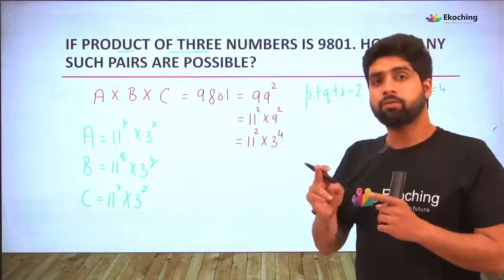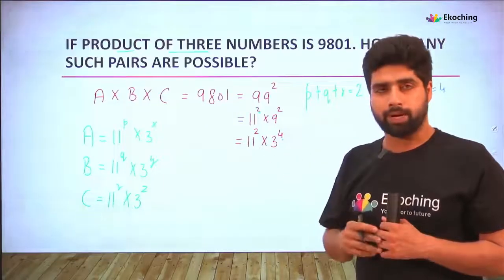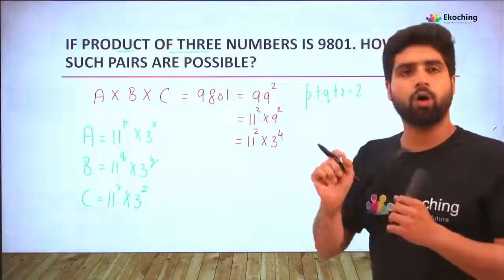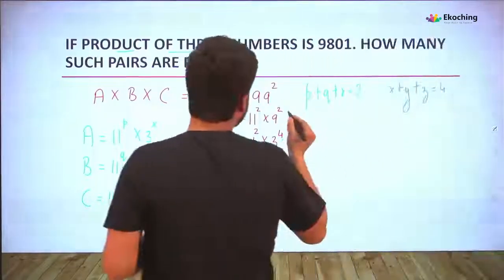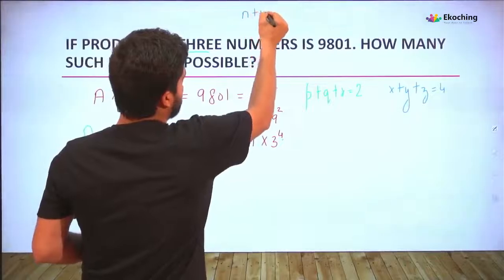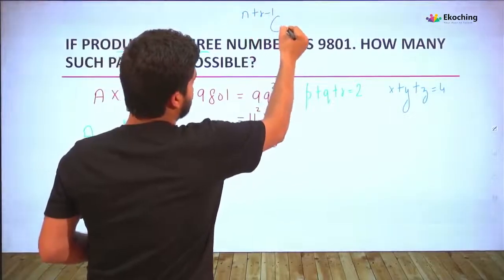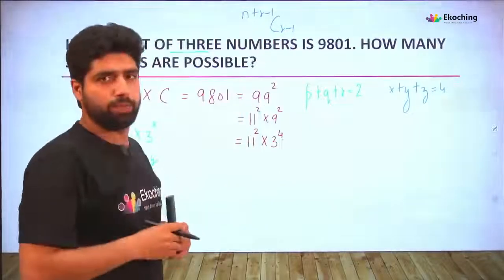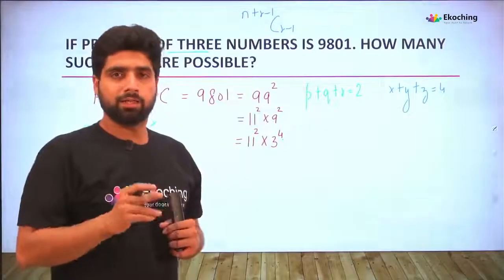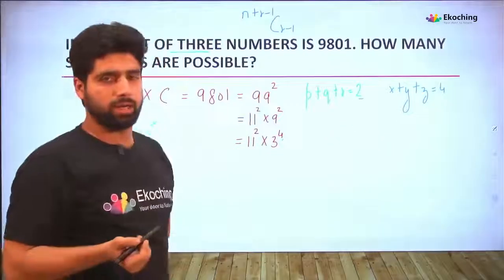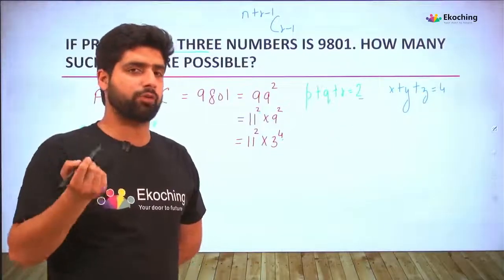So we have done that topic in the P and C part. So I'm just giving you a shortcut here on how to do it. Whenever you need to find non-negative solutions, you can just use this formula, n plus r minus 1 C r minus 1, to get how many pairs there would be. Now what is this n? This n is the sum given. And this r is the number of variables we are using.